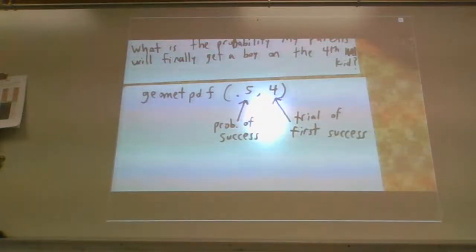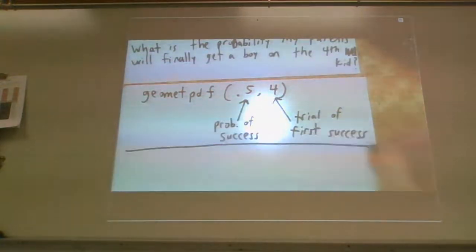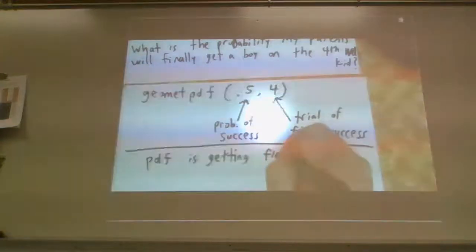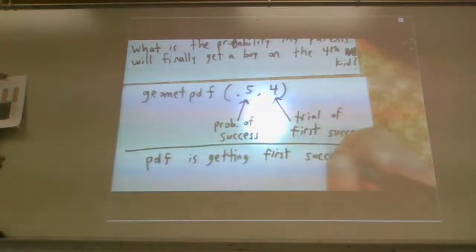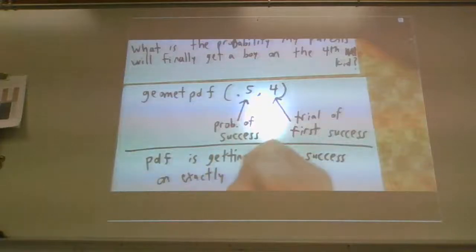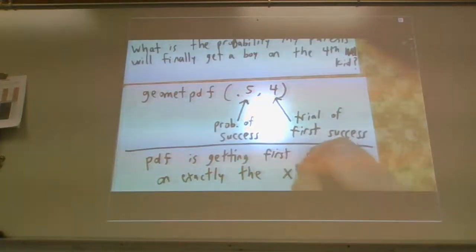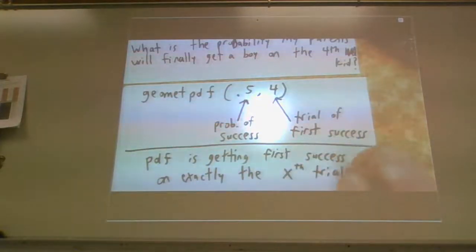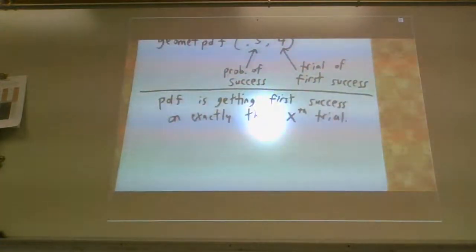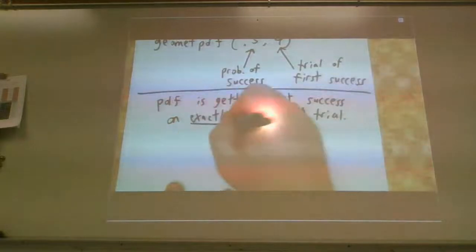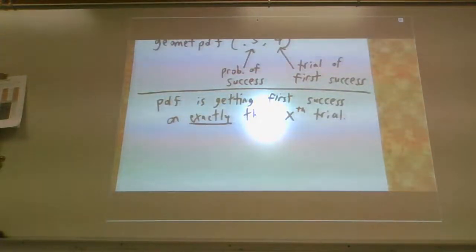Now, once again, just for the sake of argument, a PDF is the probability of the first success on the Xth trial, getting the first success on exactly that trial.